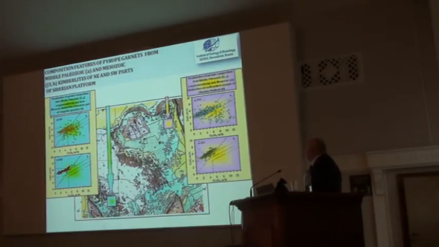If you look at this plot, chromium to calcium, for pyrope garnets from mid-Paleozoic kimberlites, we have such a picture. The amount of chromium is more than 12%, up to 13%, and all the lherzolitic garnets are related with this trend.